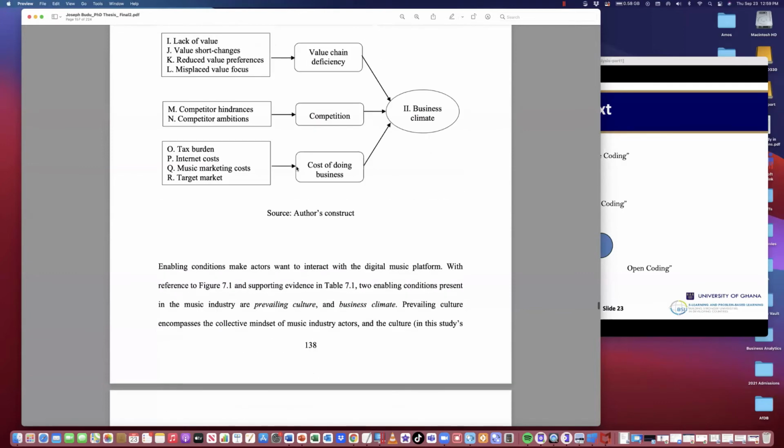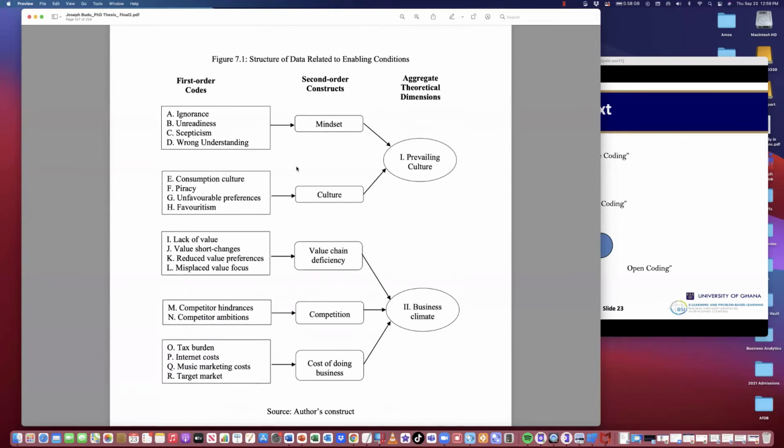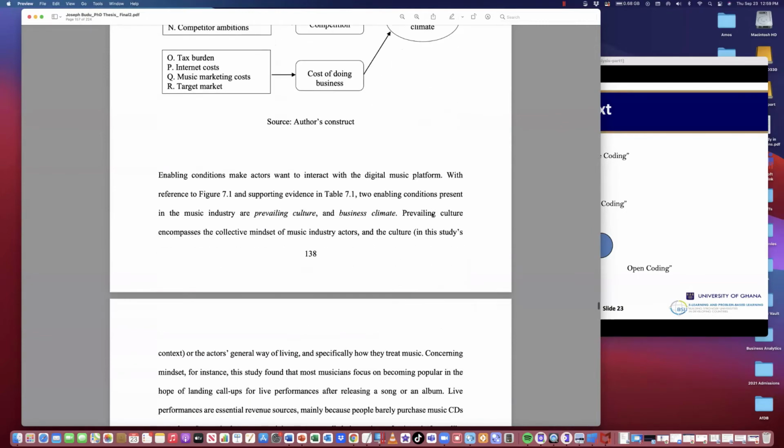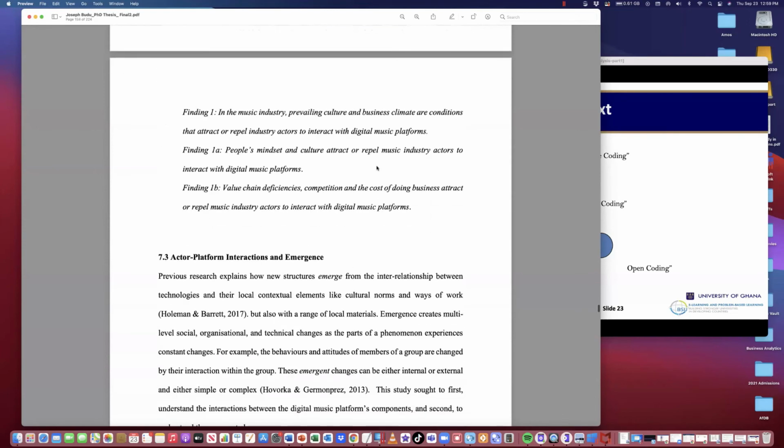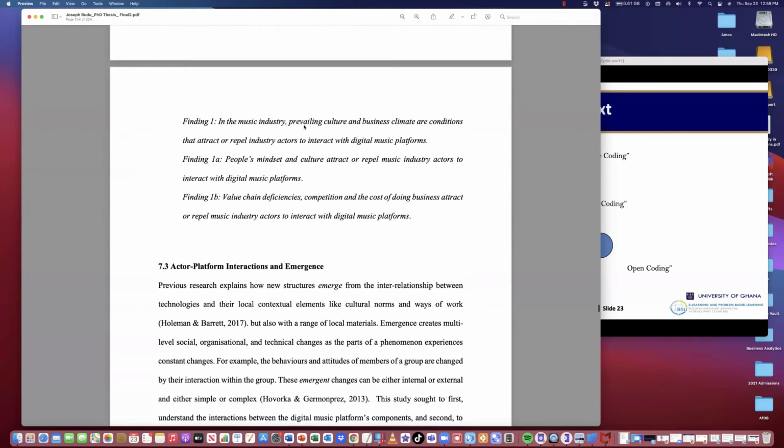Where is the value chain deficiency? All those kinds of things are in this one. He has given you the summary based on A and B, but now he's breaking them down, those which are prevailing culture and those which are business climate. You see that? Yes, bro. What Joseph could have done is put, in the music industry, prevailing culture in brackets: mindset and culture.